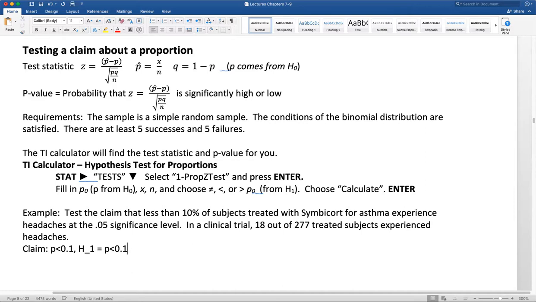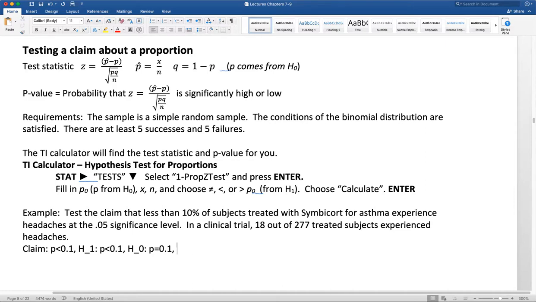P equals 0.1, right? So H sub 0 is P equal to 0.1. Steps 1, 2, and 3 are what we have done. Then in step 4, we figure out the test statistic and the p-value.